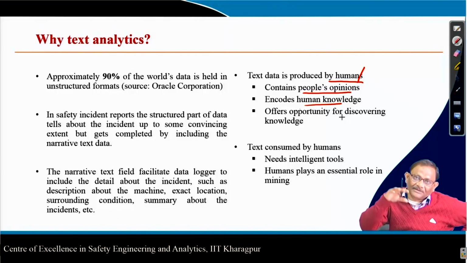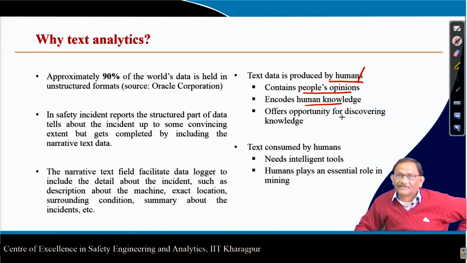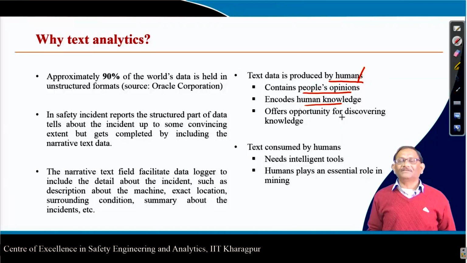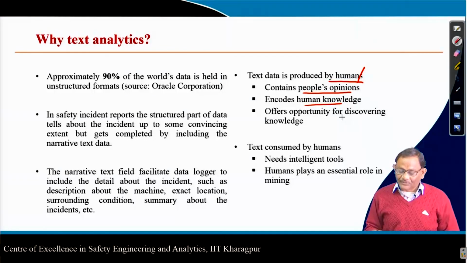These are nothing but documenting why that accident has taken place, what could have been done to prevent such an accident, and how the mitigation was in practice. So many things are there. This information, this knowledge base, you have to find out.